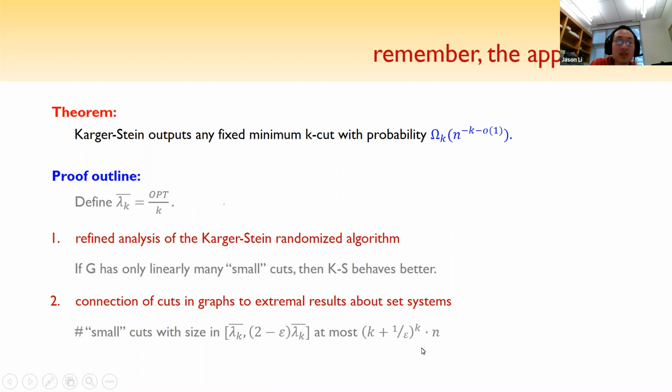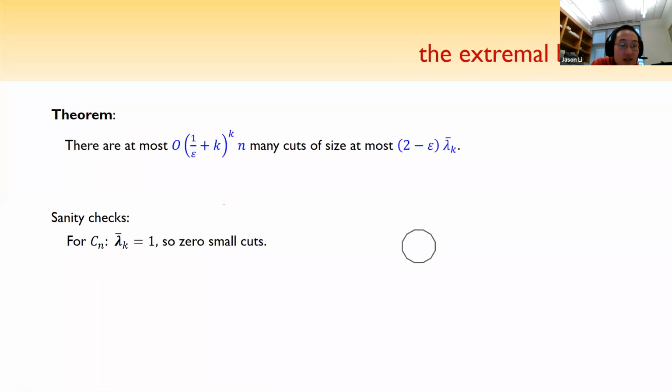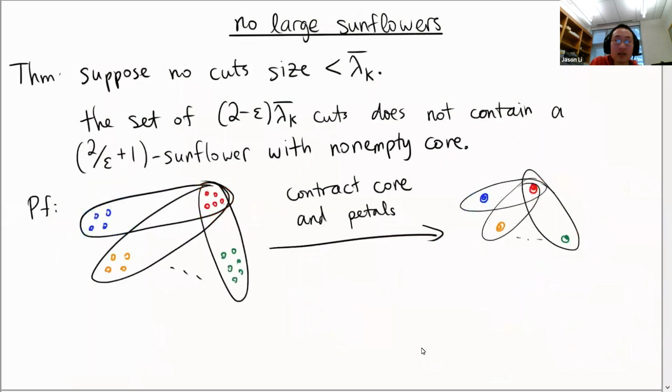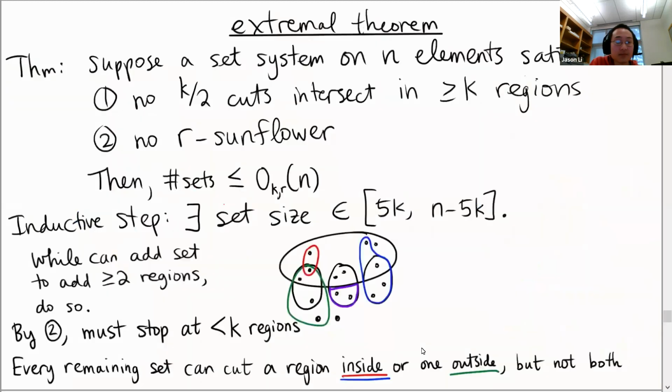So I mentioned that if we take this theorem and only assume property 1 but not property 2, this statement is false. There's an example where there are n squared many sets that only satisfy 1.